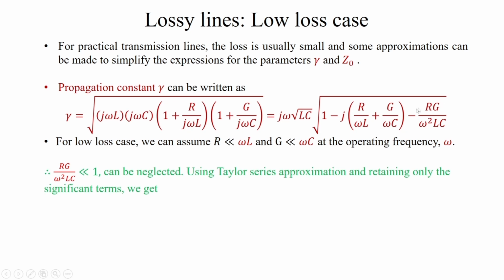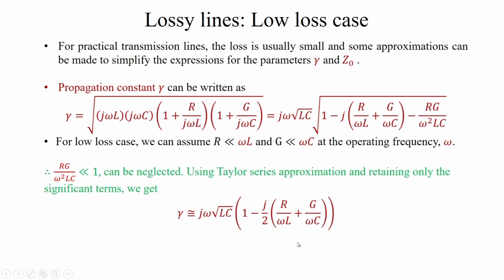Then once we neglect this term, and for the remaining term we apply Taylor series approximation and retain only the significant terms, then we can write gamma, the propagation constant, approximately as j omega root LC into 1 minus j by 2 (R by omega L plus G by omega C).